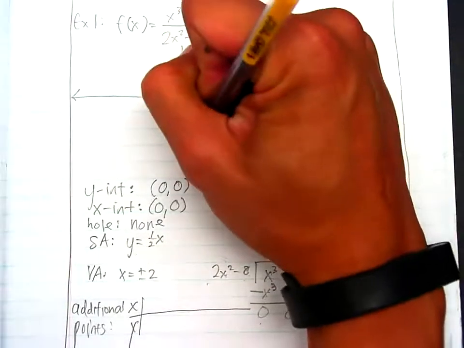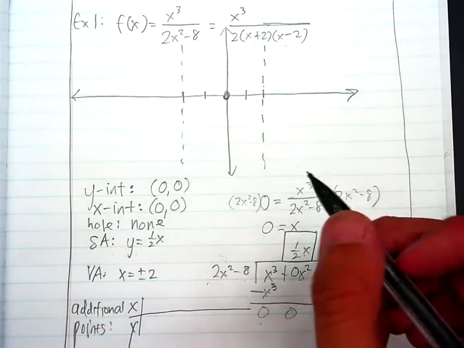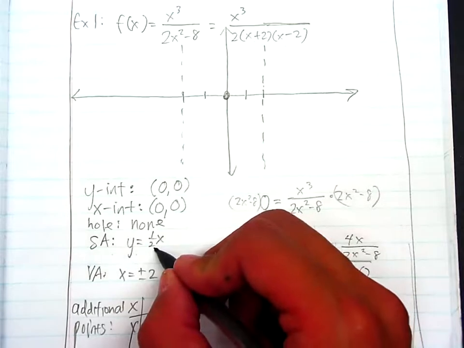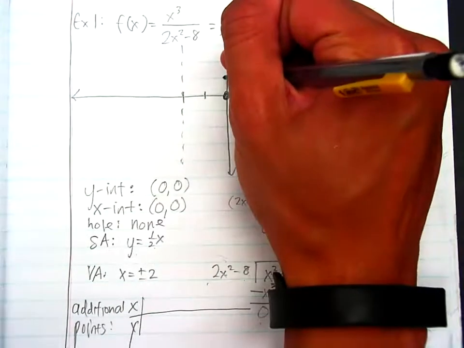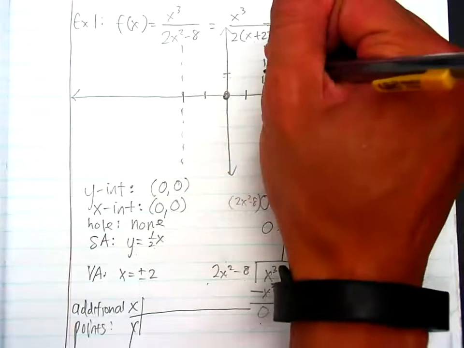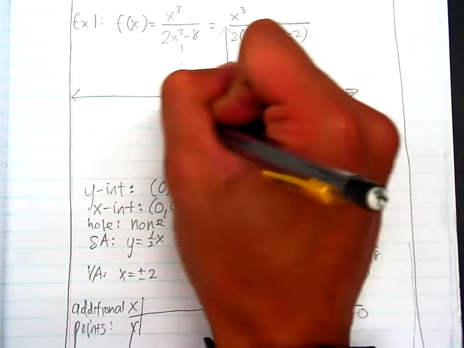So I'll probably have 3 parts of a graph. And then I have a slant asymptote at y equals 1/2 x. That's a line with a slope of 1/2. So I'm going to go rise 1 and go over 2. Rise 1, go over 2.